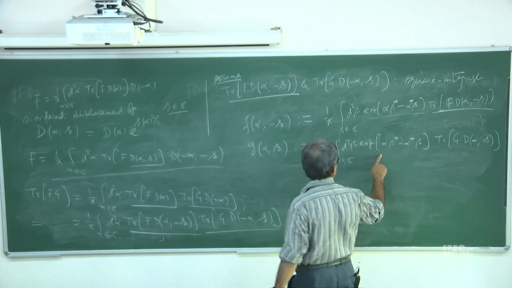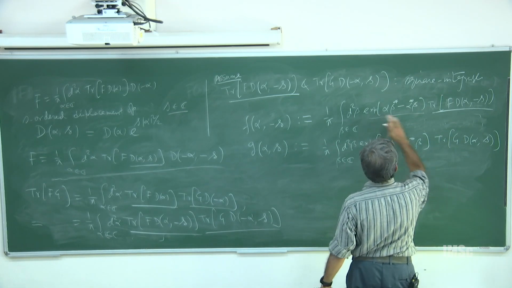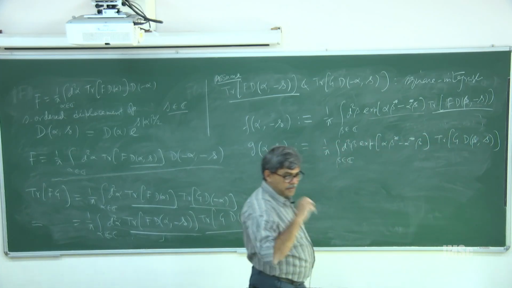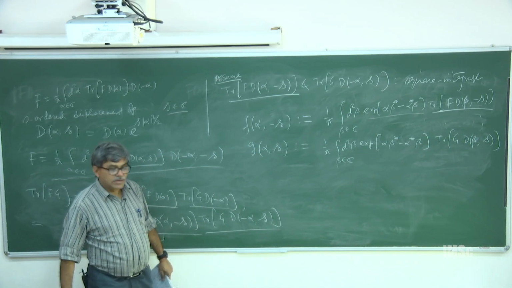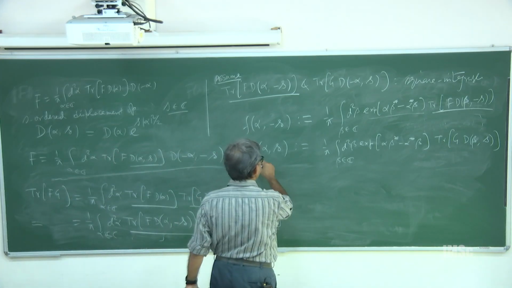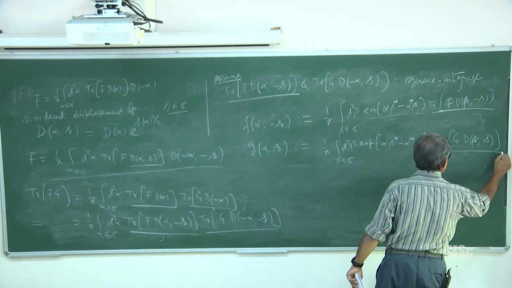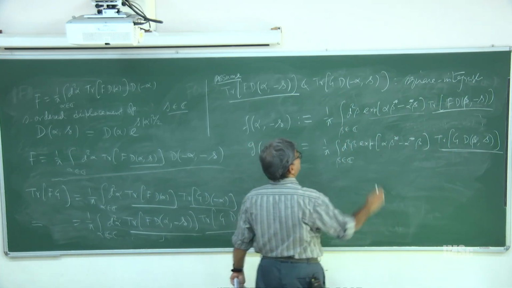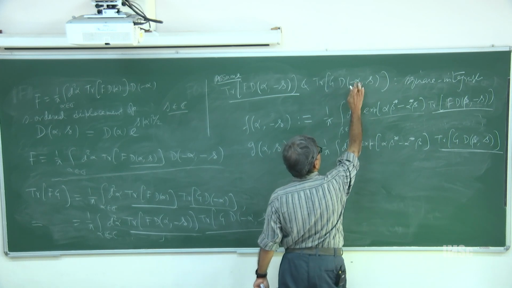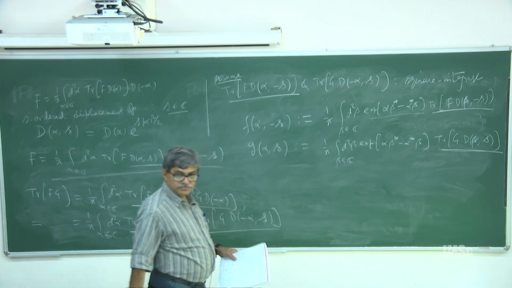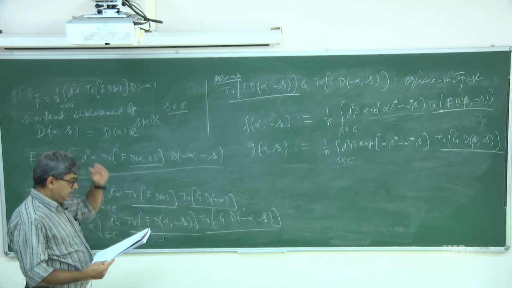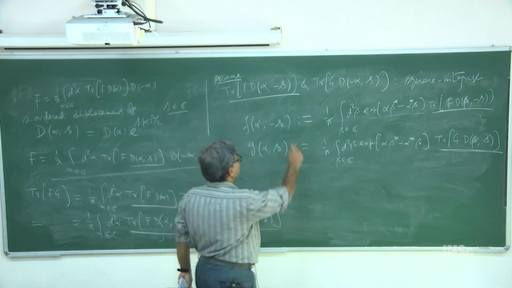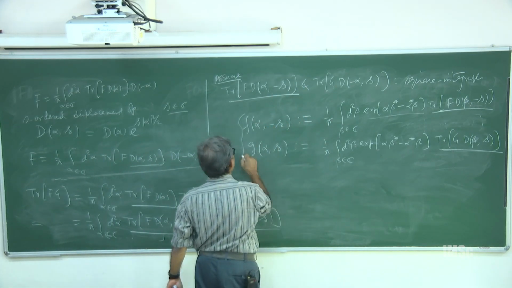Sorry, this should not be alpha, this is beta, otherwise it is not a Fourier transform. Okay. Yeah. So, this is again the complex Fourier transform of this weight function, and this exists because you have assumed that these are square integrable. If this is square integrable, this with plus alpha is also square integrable. Okay. Now, because these two are square integrable, their Fourier transforms are also square integrable.